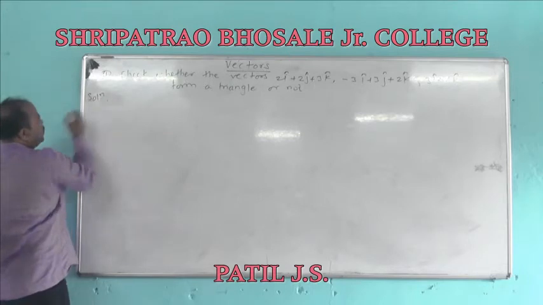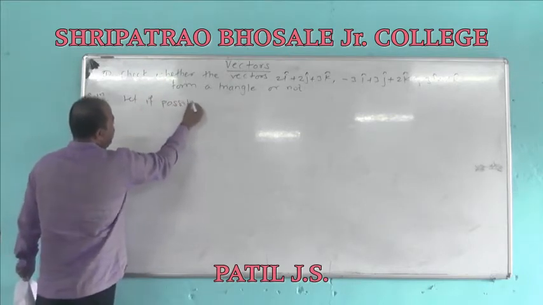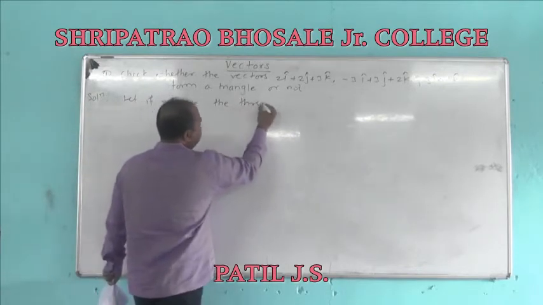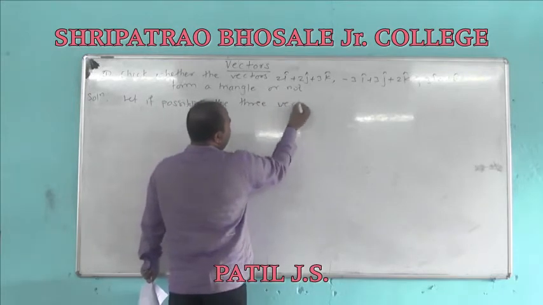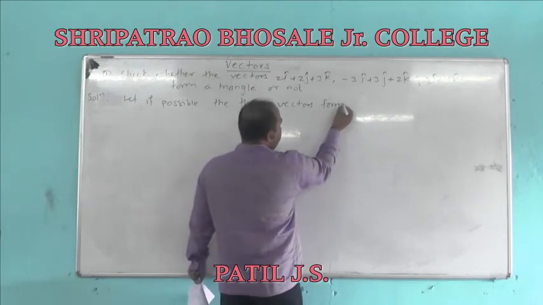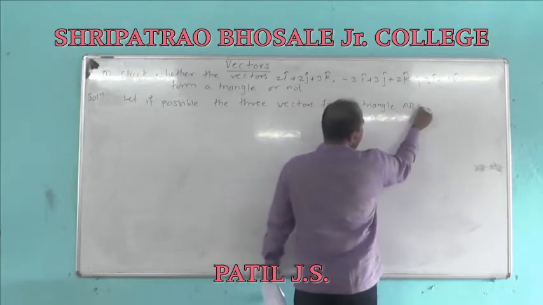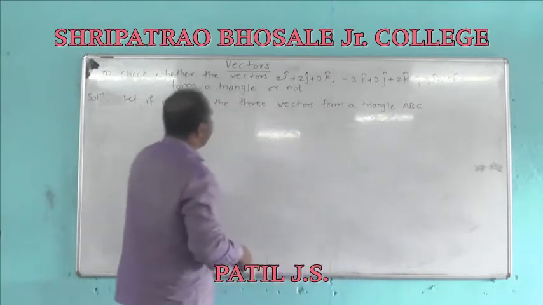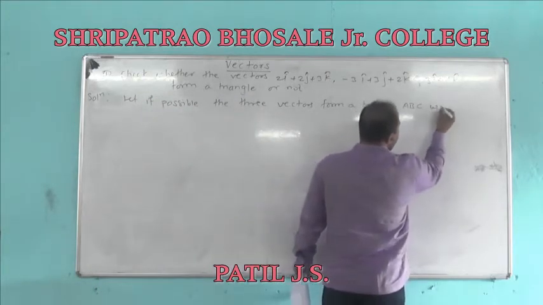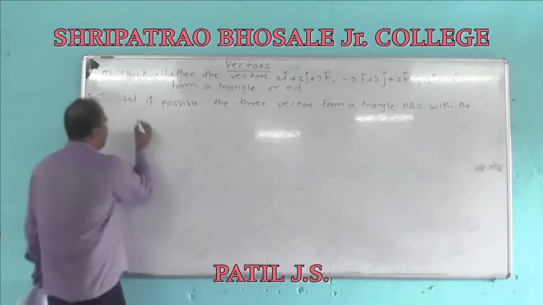Solution. Suppose, if possible, the three vectors form a triangle ABC. Suppose first the vectors form a triangle ABC with the vectors.